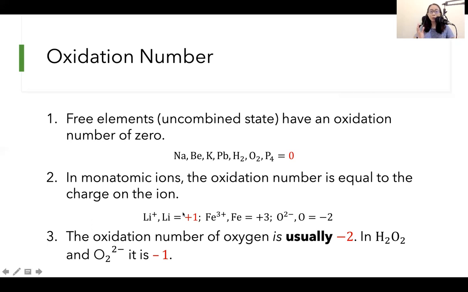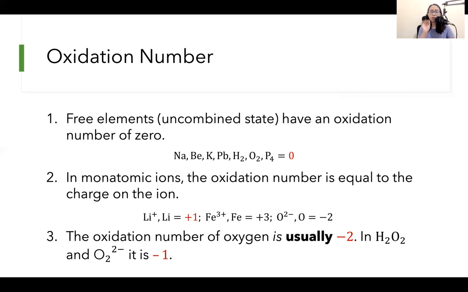So lithium in lithium ion has an oxidation number of positive 1. Iron. So if iron, from neutral, it became iron 3, Fe3+. And this is possible if the iron atom loses 3 electrons. So the oxidation number of iron in iron 3 is positive 3.